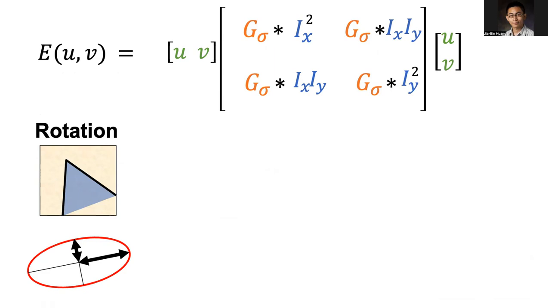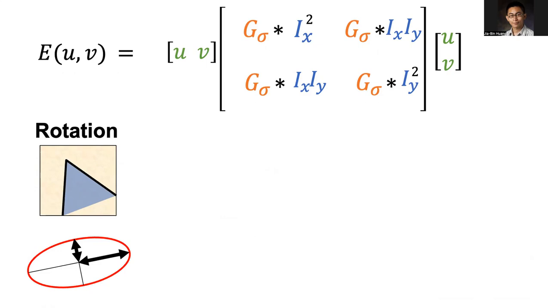You don't know the rotation, but what I'm asking is, let's say this local patch has a certain cornerness score, maybe it's 10. Will the rotation change that cornerness score?